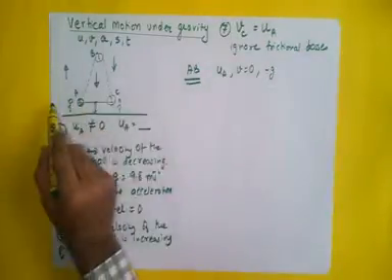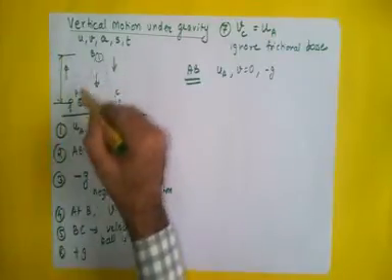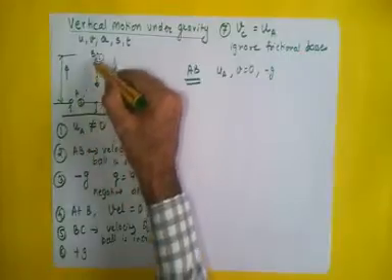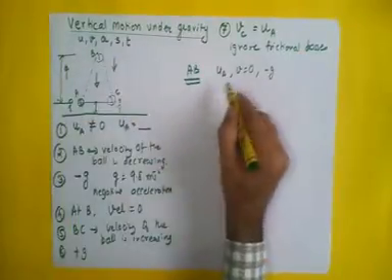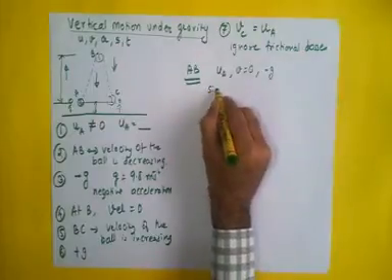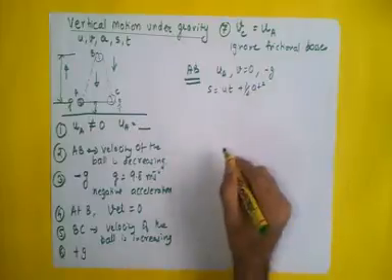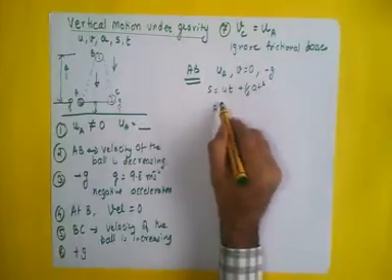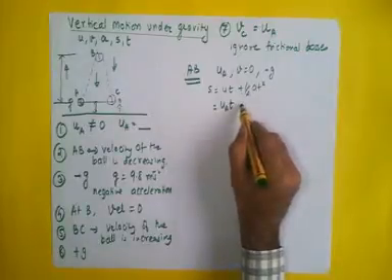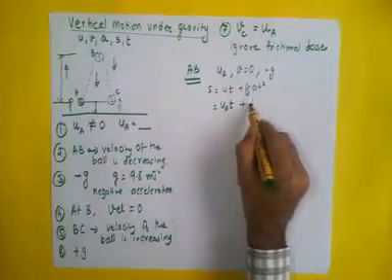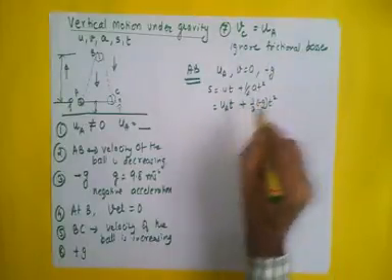So if I want to find out this particular displacement, the shortest distance between point A and B. Note that we are not finding out distance, we are finding out displacement. That can be obtained by using the equation S is equal to UT plus half AT square, which is UA into T plus half into minus g, so minus g T square.